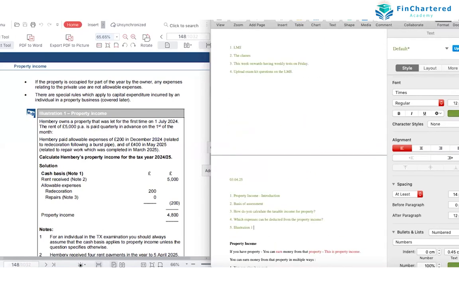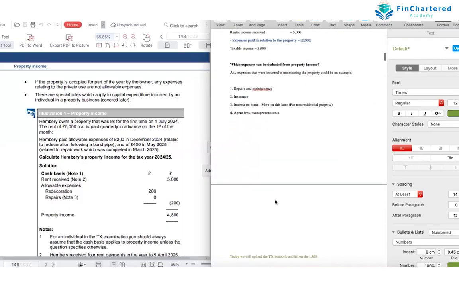Again, please, no need to look at the answer. But what does illustration 1 say? Hembry owns a property that was let for the first time on 1st of July 2024. The rent is 5,000 per annum, paid quarterly in advance on the first of the month. Hembry paid allowable expenses of 200 in December 2024 and of 400 in May 2025 for work that was done in March 2025.